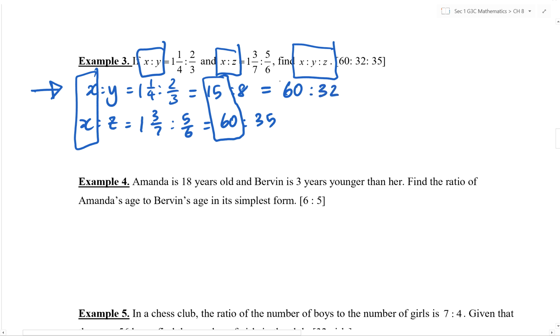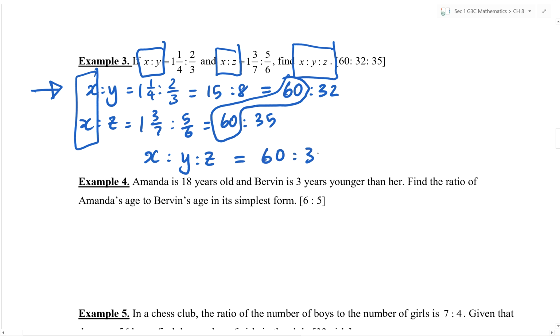Now comparing my x values, both of them are 60, which means that I can write my ratio of x to y to z as 60, the y value is 32, and the z value is 35. Okay? Please try example 4 by yourself.